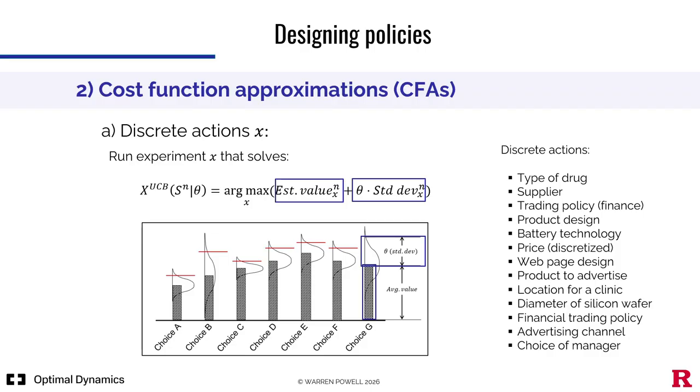Now, if I take this particular formula, and this isn't the only way to do this, but it's a way, what I've created is a measure of a choice x, and I want to find the one with the best measure. That's an optimization problem. Now, it's a very simple optimization problem. It's just a sort, but it's still an optimization problem, and it's subject to these tunable parameters. So this is a policy, and I can change theta to find the policy that works best.